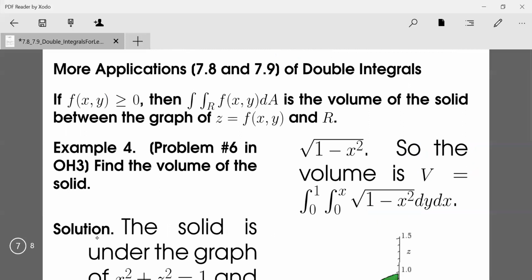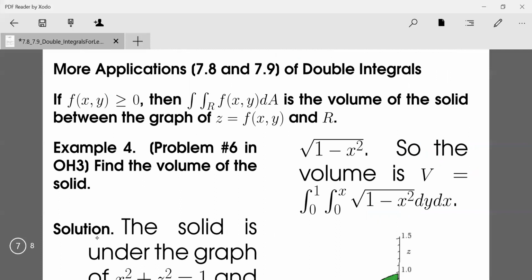Okay, so we have a couple more minutes. We're going to look at some more applications of double integrals. The first application is the area of a region, which we already talked about.